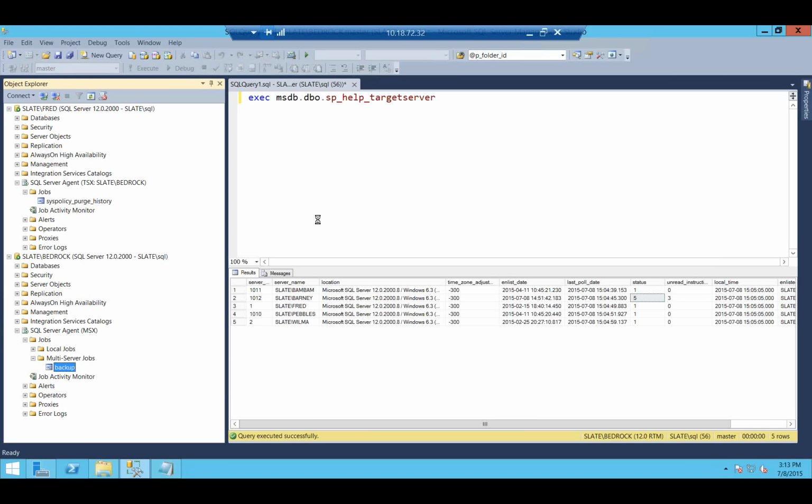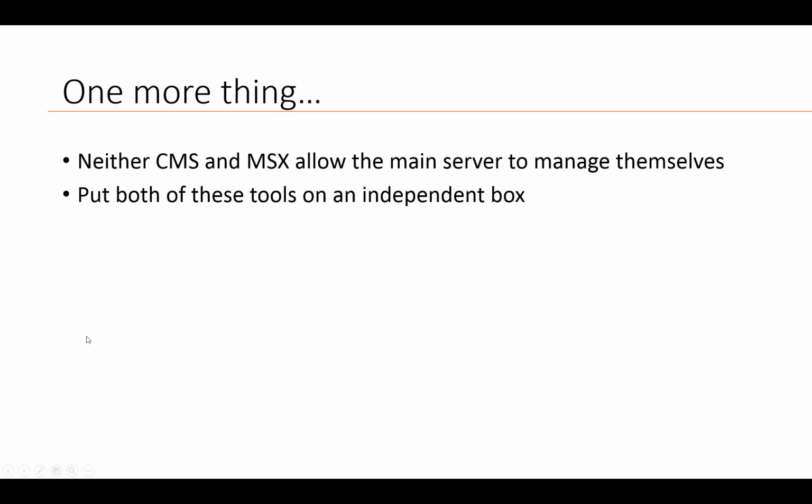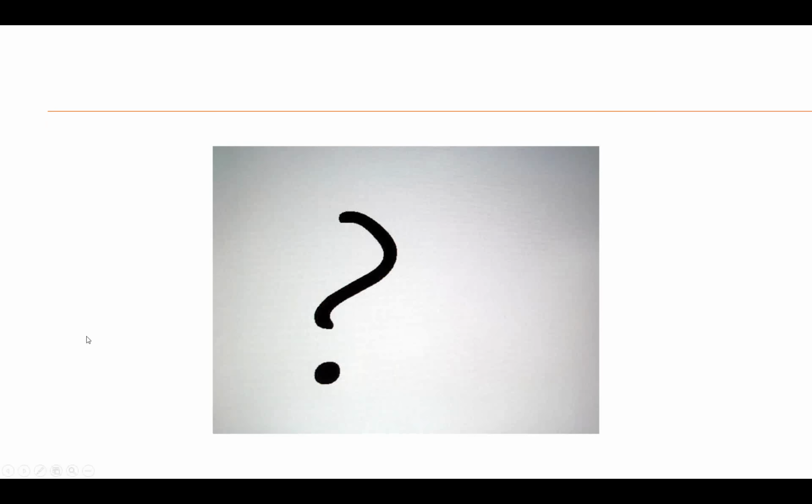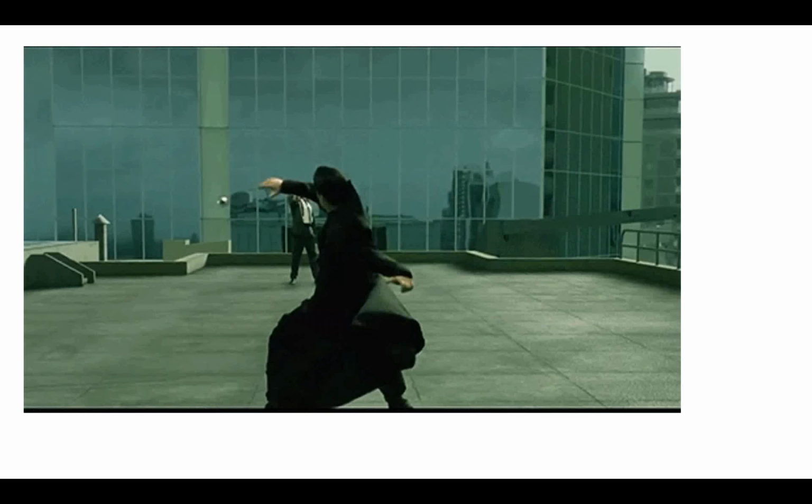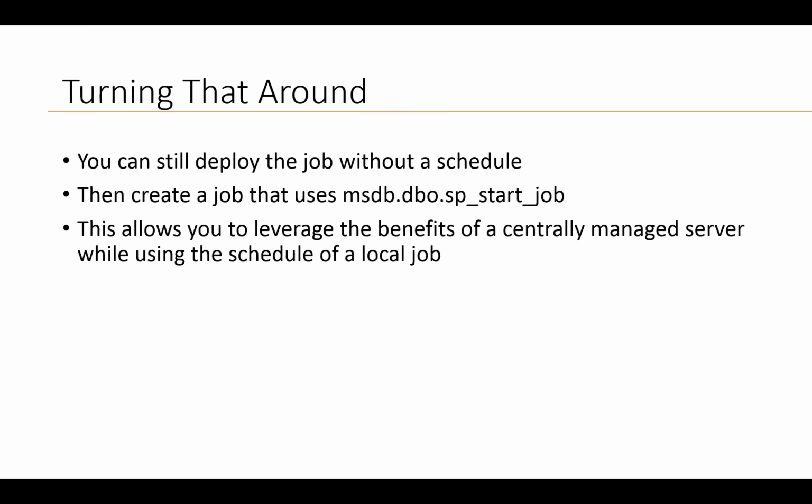And then you mentioned that when jobs get pushed, the schedule is the same on all the servers. Is there a way of scheduling the jobs individually on the target servers, or is it all or nothing? It is typically all or nothing. What I do is deploy the job without a schedule. Then on each of my target servers, I create a job that uses the stored procedure sp_start_job.